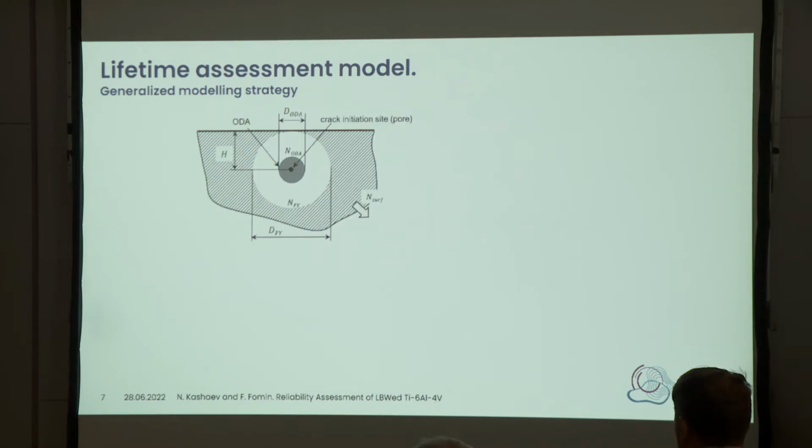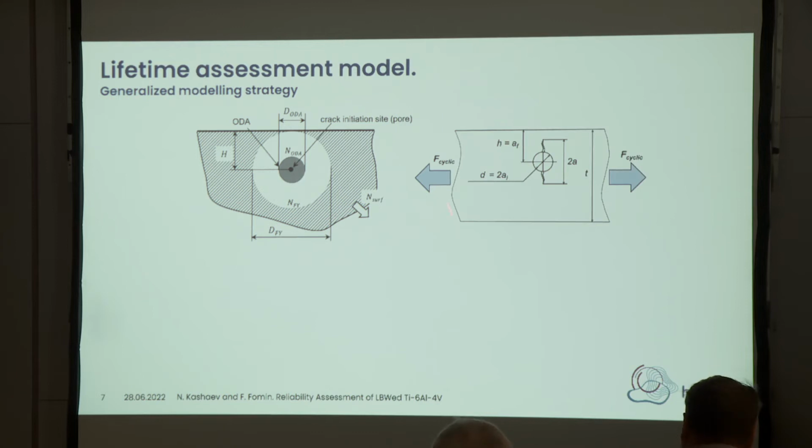To generalize and to understand how we can predict fatigue properties, here is a schematic view of our problem. Cracks initiate from internal pores. We have a fish eye area. And here is a cross-section of our loaded specimen. The spherical pore is shown, and here the crack. In principle, due to the small size of the cross-section, if the crack reaches the surface, the specimen will fail.